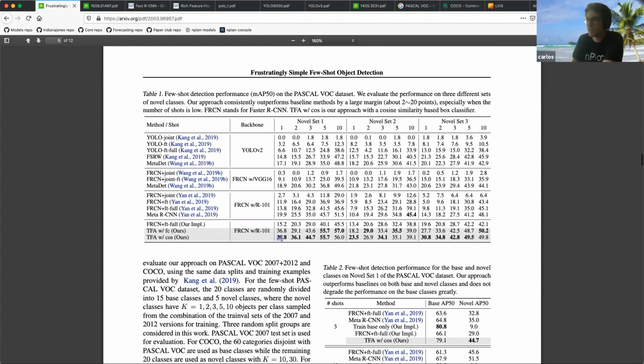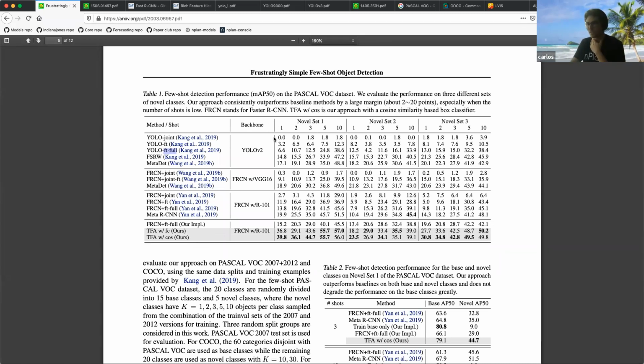So they only get one image for the fine tuning representing these rare objects, and they can still detect them with 40% accuracy, which is quite impressive, given that, for example, YOLO doesn't get anything until it gets 3 shots, and even with 10 shots, it does quite poorly. It gets better after some fine tuning of the whole architecture, but still it's nothing like what these guys are proposing.